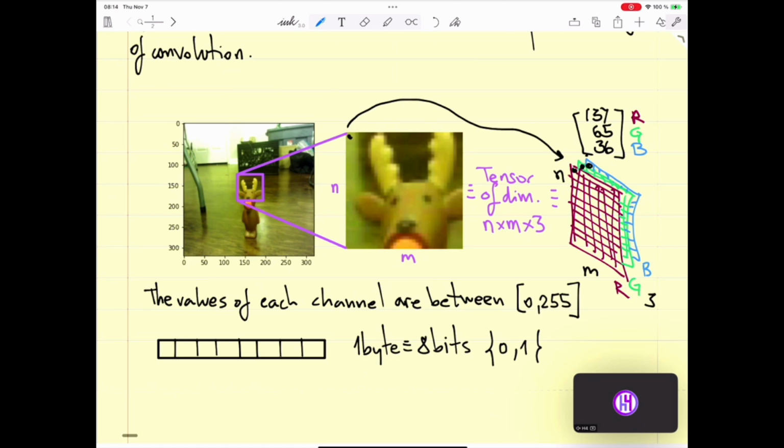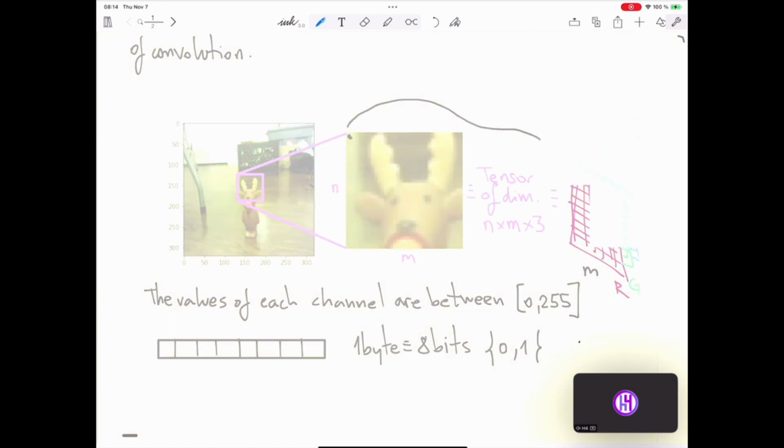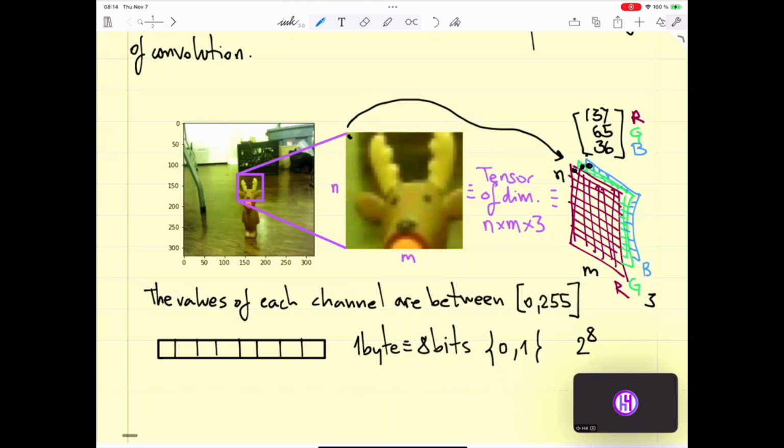So the combination of zeros and ones in 8 positions is 2 to the power of 8, and that's 256 positions. That's why between 0 and 255. And that for each value.